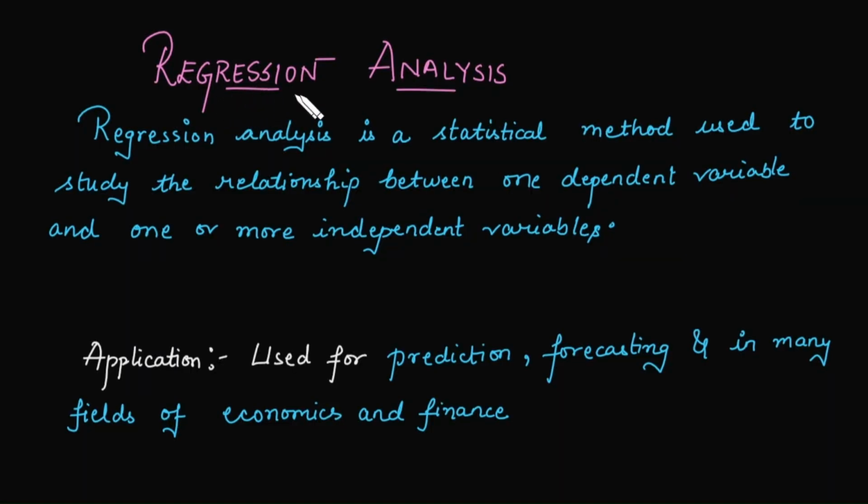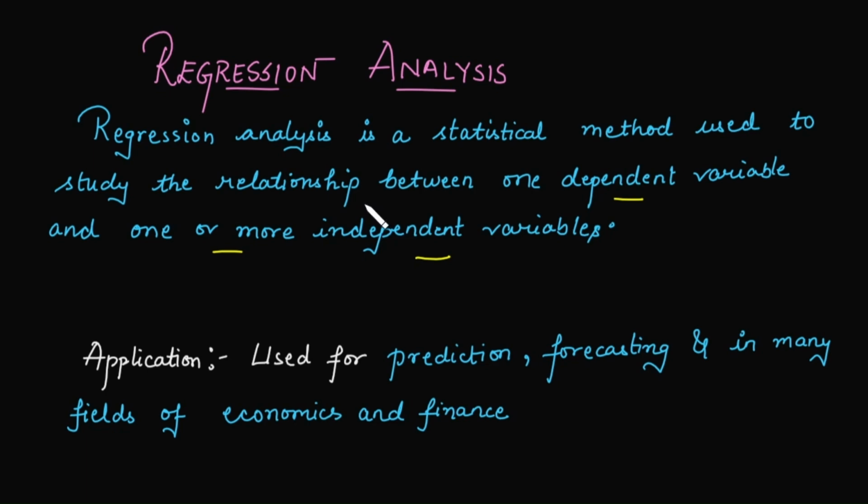Next is the regression analysis. So regression analysis is a procedure in statistics that is used to find the relationship between one dependent variable and one or more independent variables. It means it is the study of the nature of the relationship between the variables so that one is able to predict the unknown values of one variable for the known values of another variable.